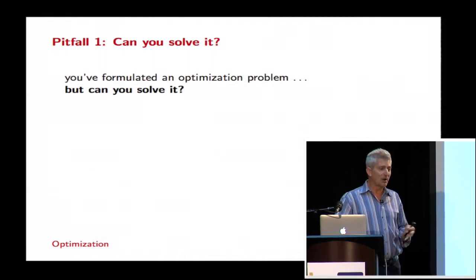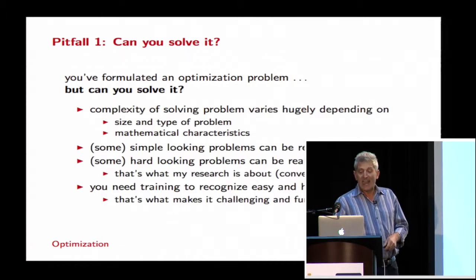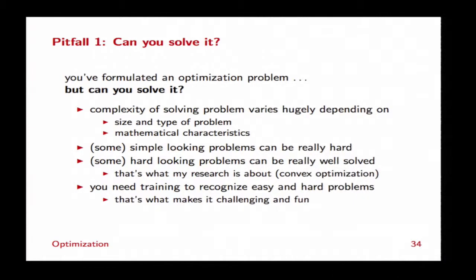So you formulated the problem, and then the next question is, can you solve it? How hard it is to solve a problem depends a lot on the size. If it's a little problem with a handful of variables, no problem. But if it's a problem with 100 million variables, different story. It also depends very much on their mathematical characteristics. And this is the closest I'm going to get to what I do: there are some really simple-looking problems that are actually really hard to solve.